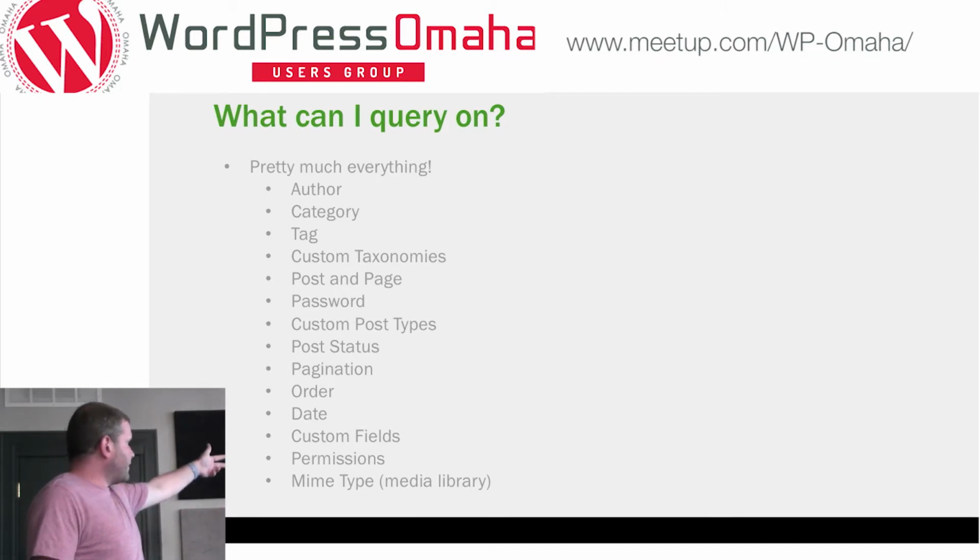And you see we've got custom taxonomies and post types and custom fields peppered in on top of this. So in short, pretty much any way you can imagine slicing your data and getting a view of that, there are arguments that you can pass to WP_Query to get that.